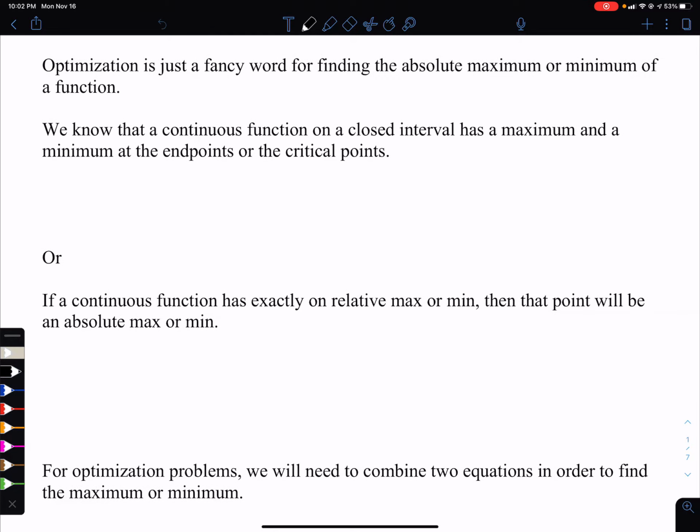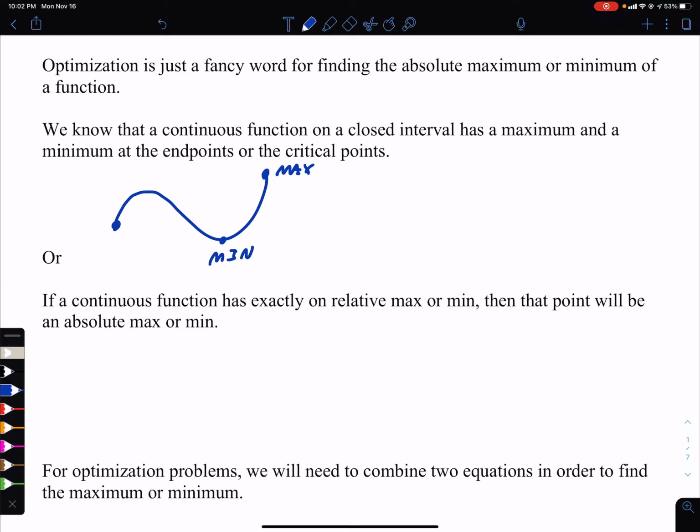We know if you have a continuous function on a closed interval, it has a maximum, it has a minimum at the endpoints or the critical points. So a few examples. Here's a continuous function. The max is at the endpoint, and the min is at a critical point.